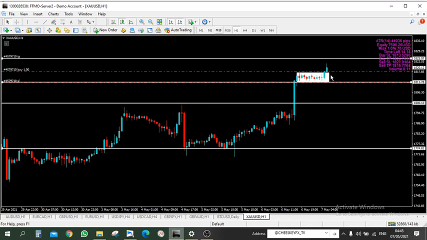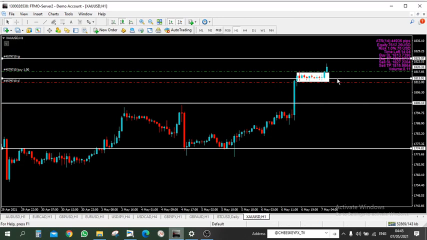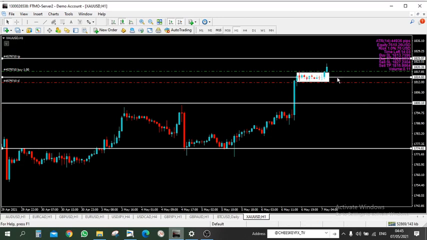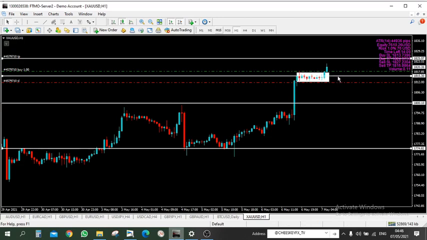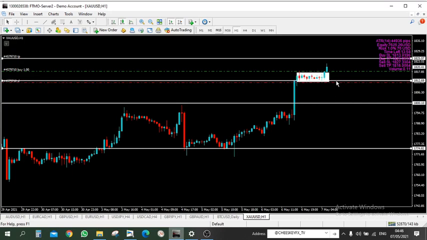It will be very, very difficult for market to come back to this zone to hit my stop loss. Rather, it will get to this point first before any reaction. That's why I possibly take the trade.